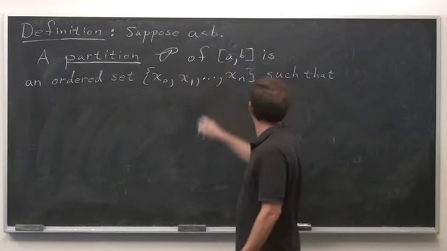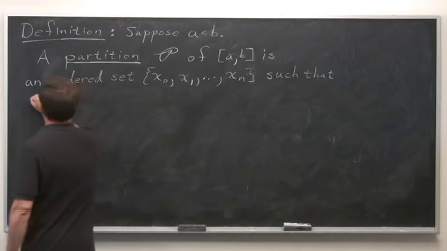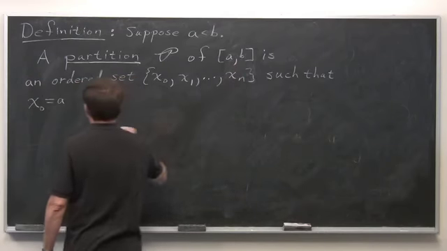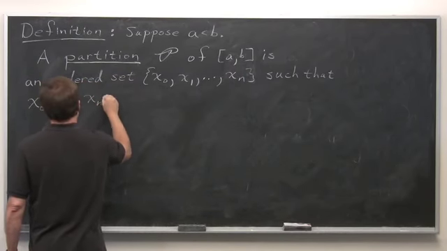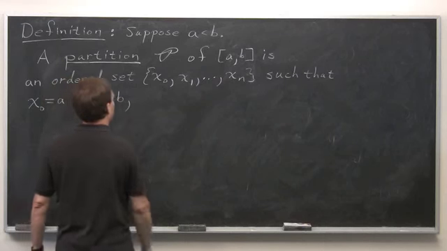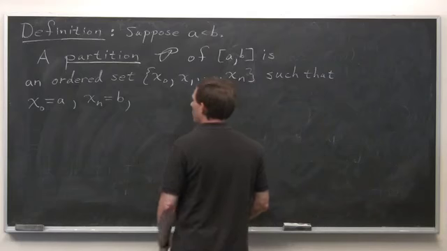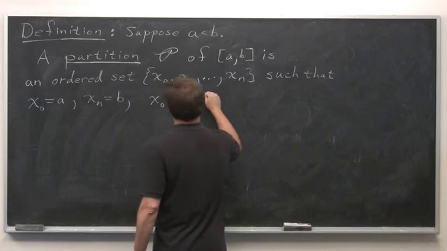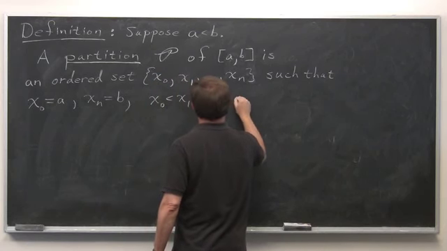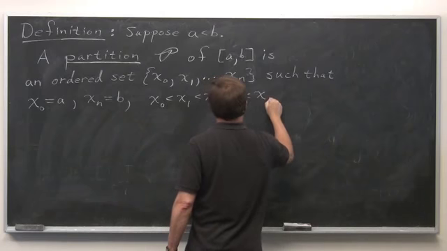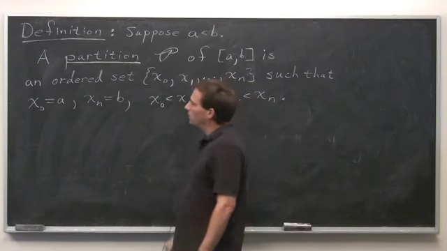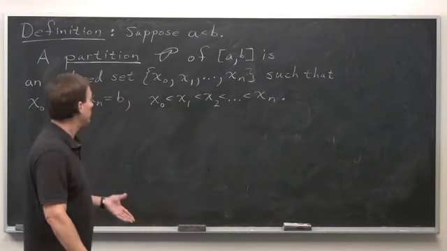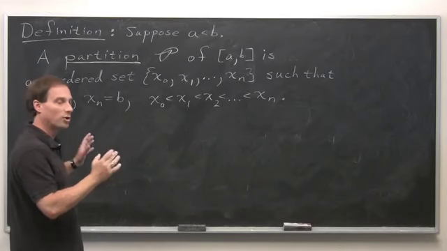That means that x0 needs to be a, such that x0 equals a. We need xn to be b. And everything else is in order and they're in between. So you need x0 less than x1, less than x2, and so on. That's a partition of [a, b], but you should think of it as giving you all the subintervals.